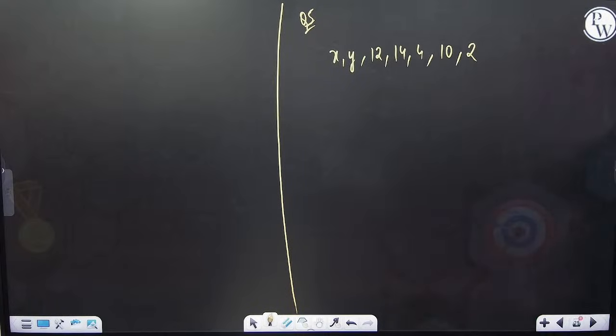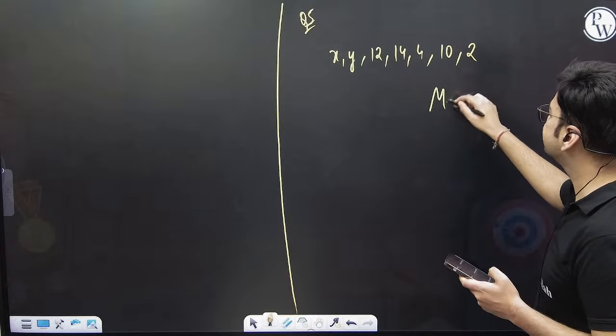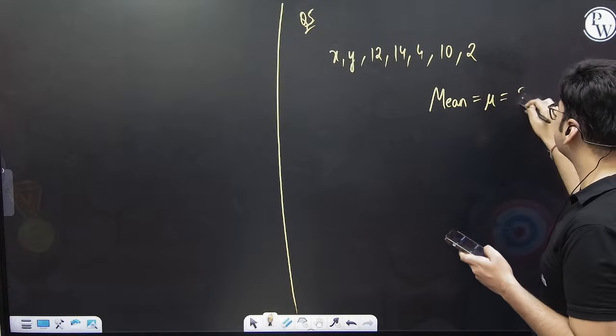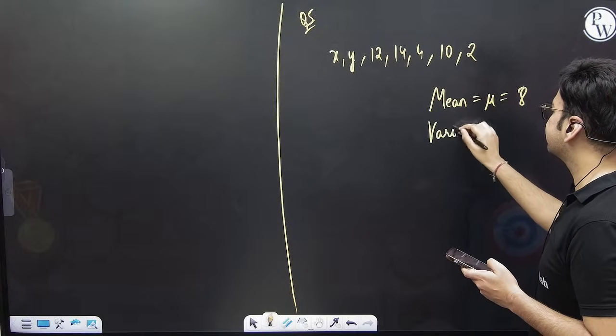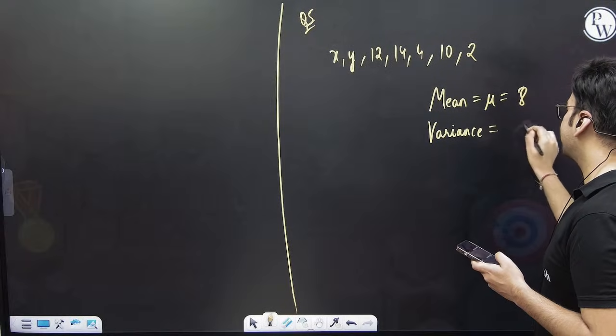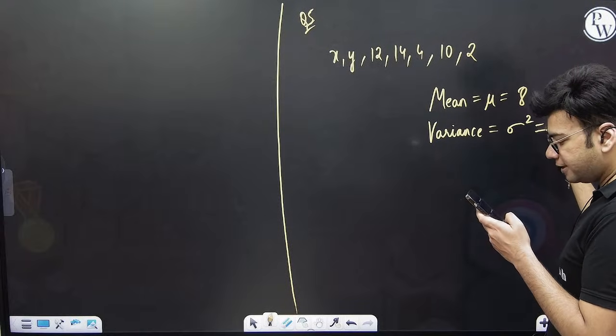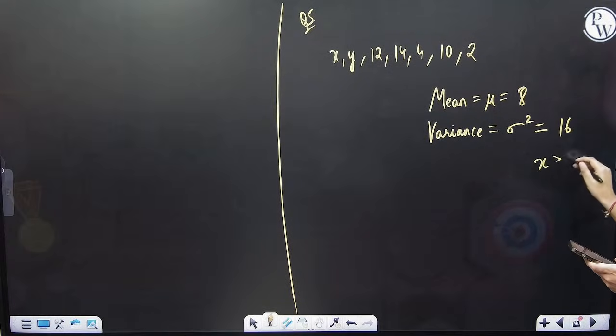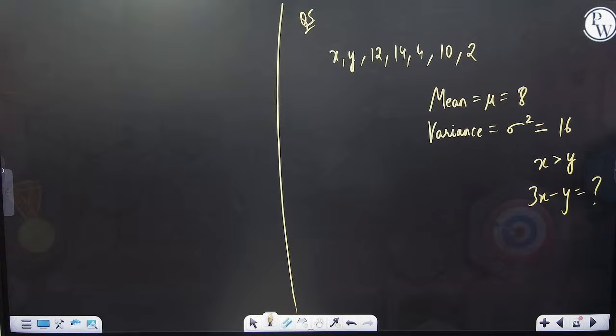This is the data set which is given to us, and the mean of this data set, which is mu, is given as 8, and the variance, which is sigma square, is given as 16. And x is greater than y is given, and we are expected to calculate the value of 3x minus y. So this is the question.